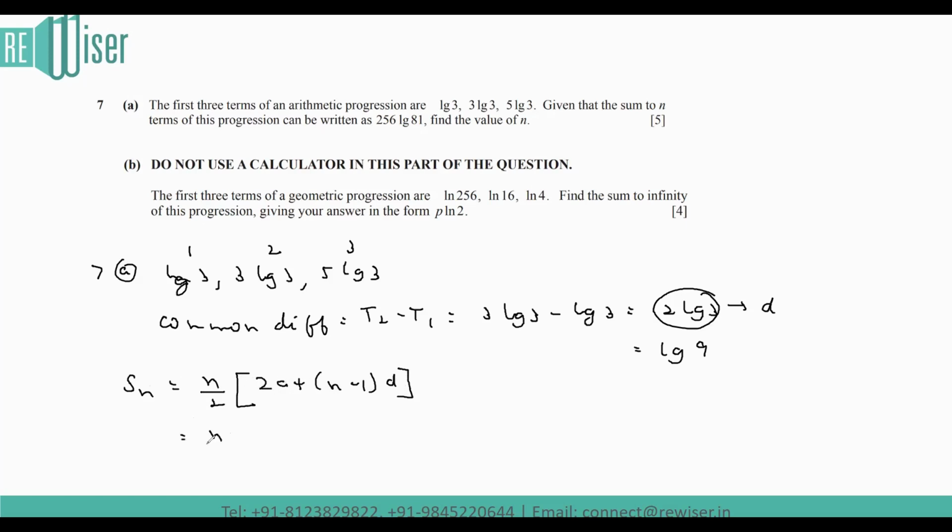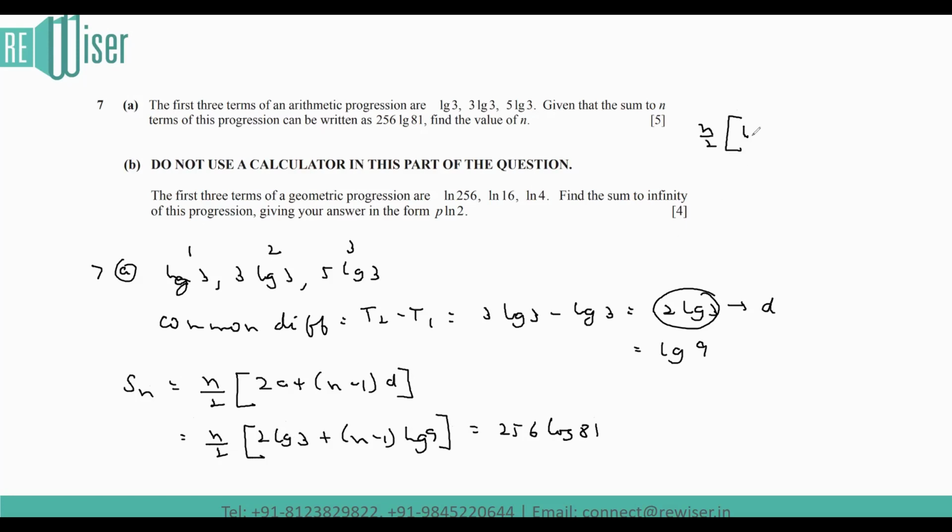So the sum of n terms is n by 2 times twice log 3 plus n minus 1, and the value of d we have got is log 9, and that's equal to 256 log 81.